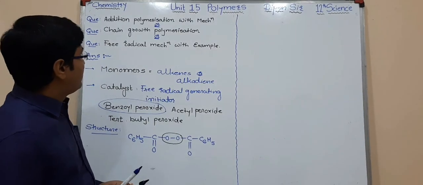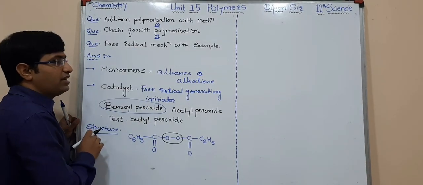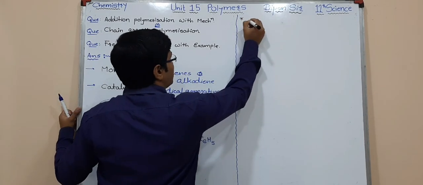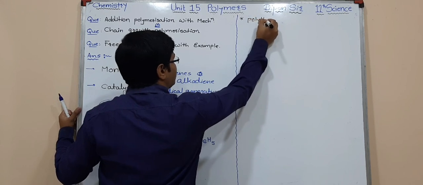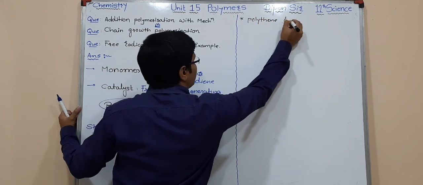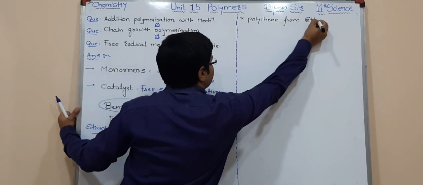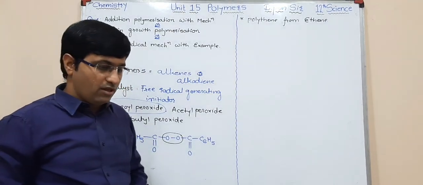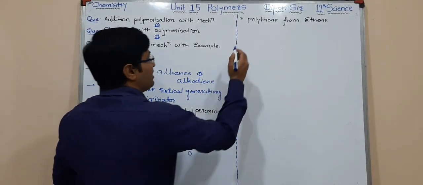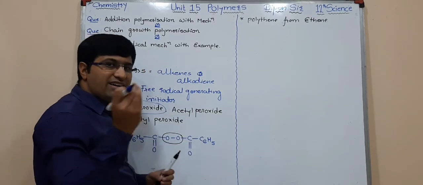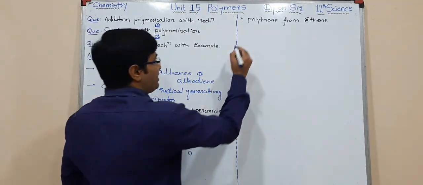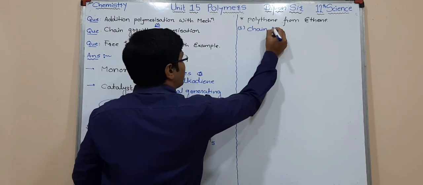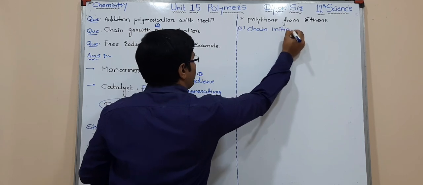So here, to understand this theory, we are going to take the example of formation of polythene from ethene. Polythene from ethene. So this reaction is divided into three steps. First step is the chain initiating step.